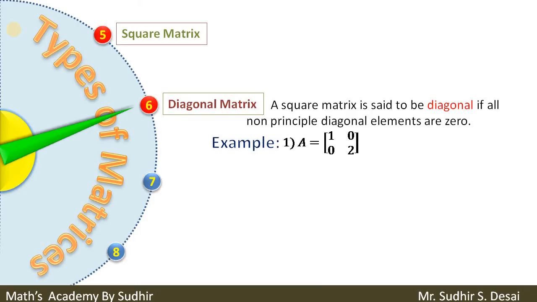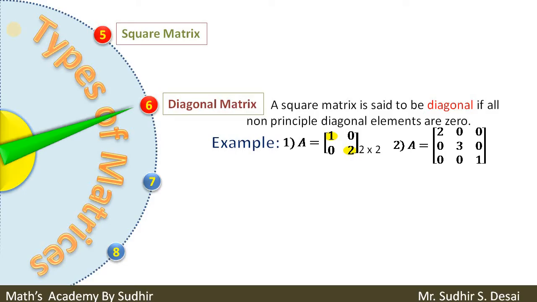For example, the matrix A, which is of order 2 by 2. So number of rows are equal to number of columns. So it is a square matrix. And moreover, the non-principal diagonal elements other than 1, 2 are 0. So this is a diagonal matrix. Take another example.